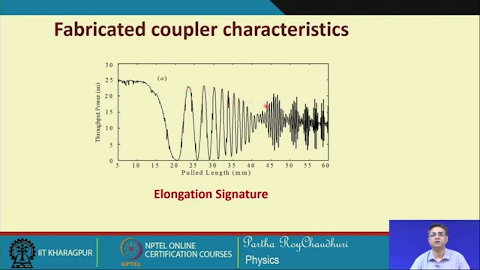This is because of the polarization nature, because when the two fibers are fused together, if you look at the cross section, there is a form birefringence, a geometrical birefringence. Along one side the width is more, along the other side the width is less, and because of that there is polarization interference beating, and these are the modulations. Also, when the fiber is pulled, it becomes thinner and thinner, and as a result the periodicity becomes very close.